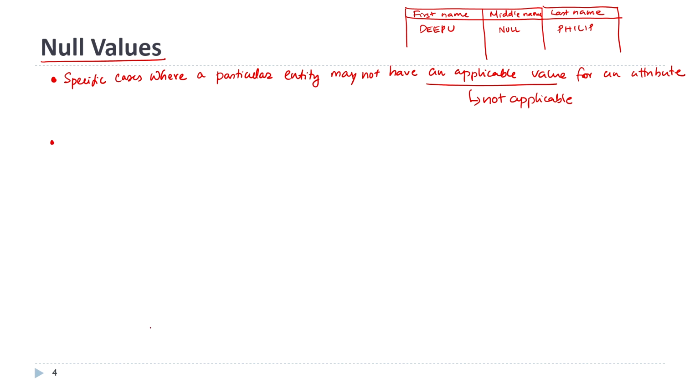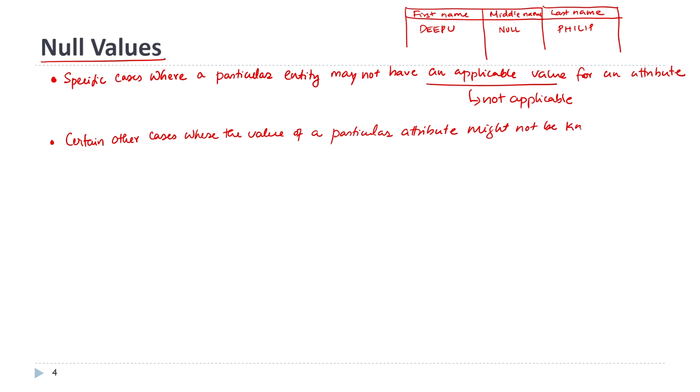Then there are certain other cases where the value of a particular attribute might not be known or missing.